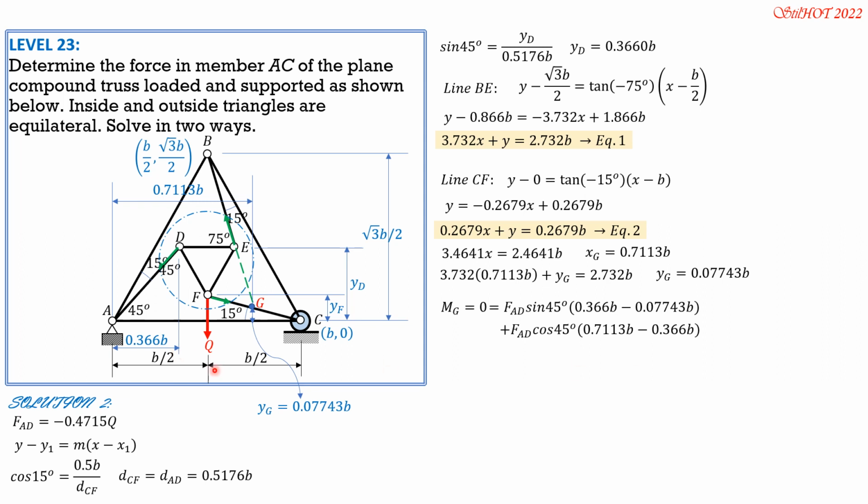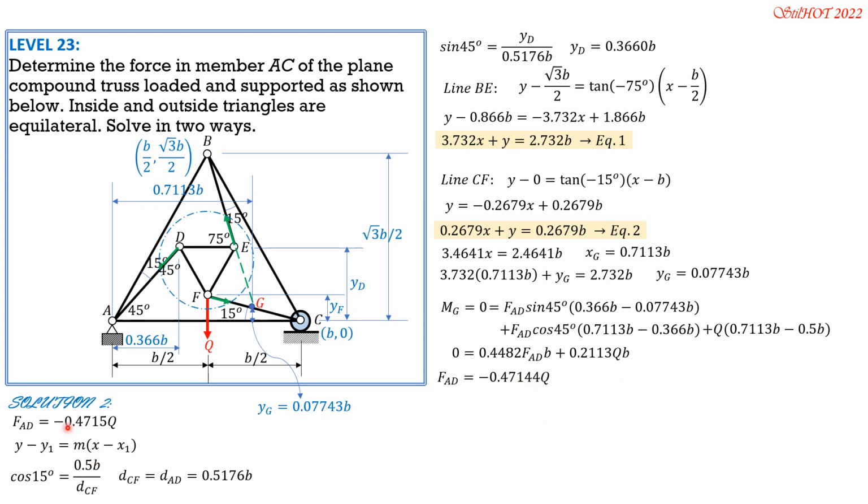Then finally plus Q, which is also counterclockwise, times quantity xg, 0.7113b minus b over 2 or 0.5b. So that's the equation. So combining FADs, there are two terms, 0.4482 FADB. Then this Q here, 0.7113 minus 0.5 is of course 0.2113 QB. Cancel out B, so we can now solve FAD equals negative 0.2113 Q over 0.4482.